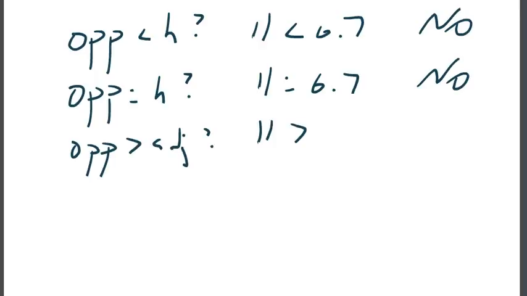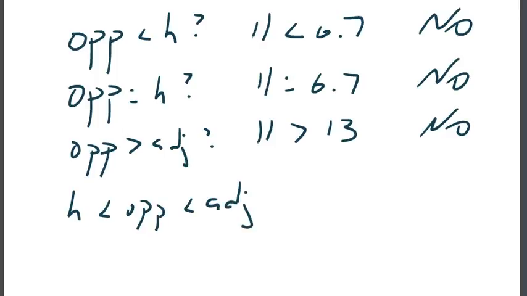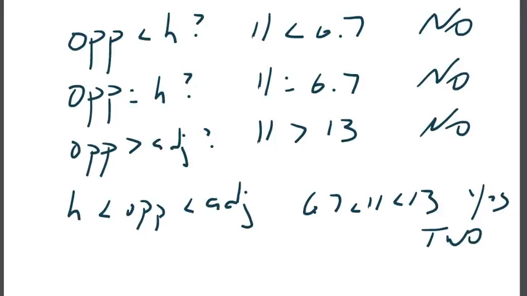And 11 is not greater than 13. Then we look to see, is h less than opposite, which is less than adjacent? And there we have 6.7 is less than 11 is less than 13. And the answer to that is yes, so we have 2 solutions. And that's worth the final 2 points for this part.